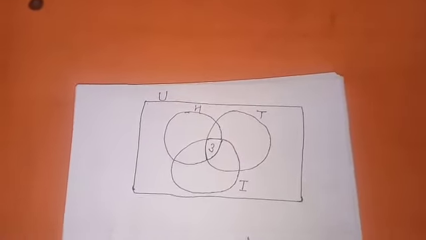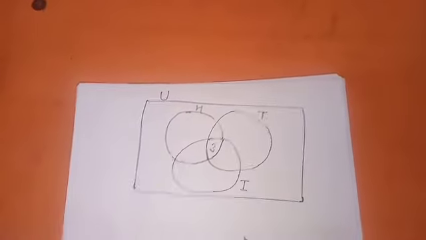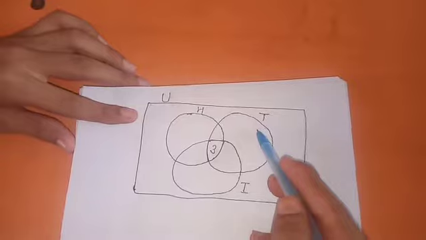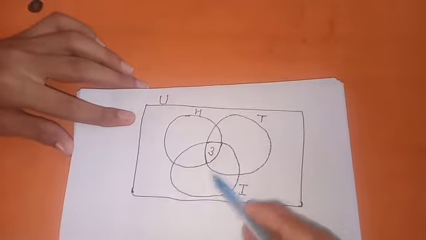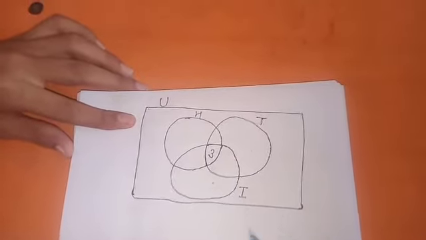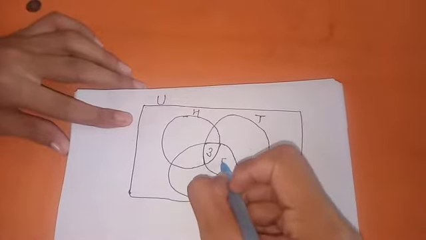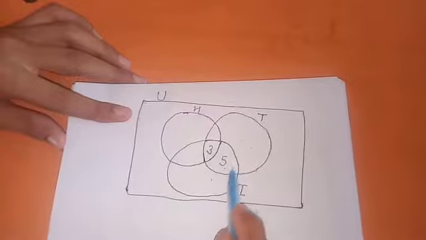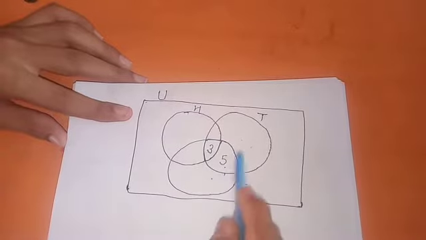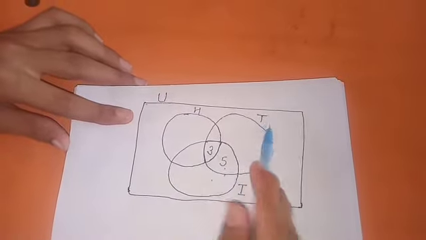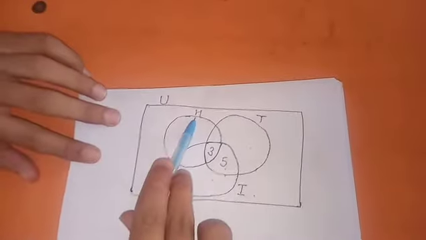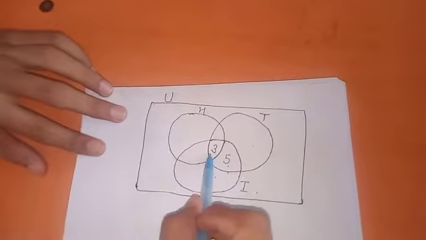Now next, it is given that 8 read both T and I. That means 8 people read both newspapers. I am writing 5 here because, out of the 8 people who read newspapers T and I, 3 also read newspaper H, and those are written here.